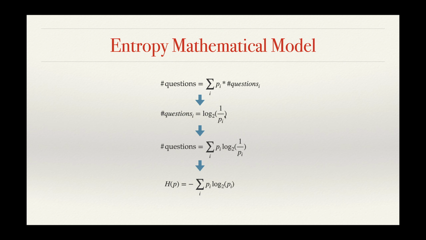If we do that, we end up with this formula, because the log of 1 over the probability is equal to the negative log of that probability. So this is the known formula for entropy.